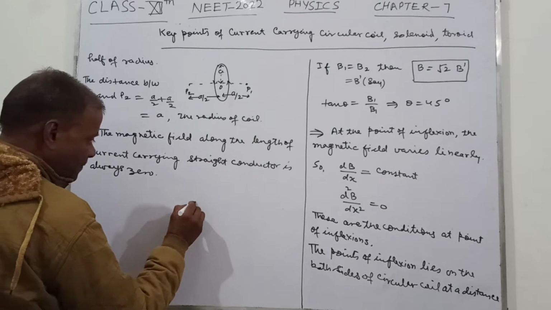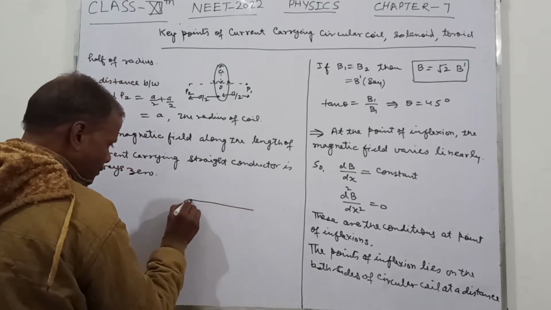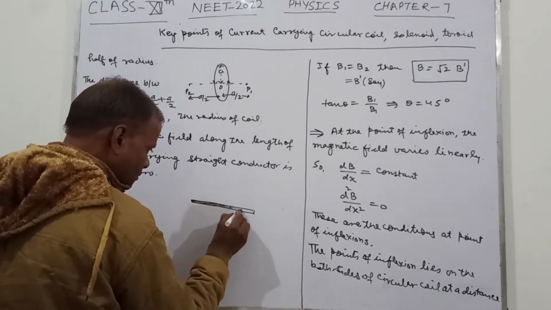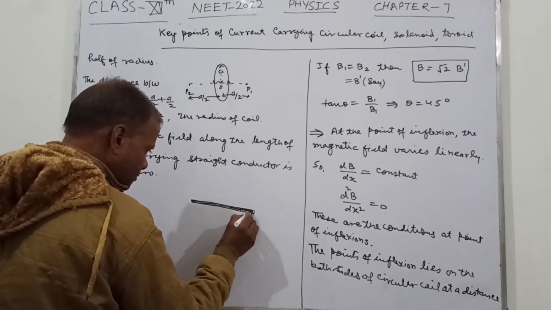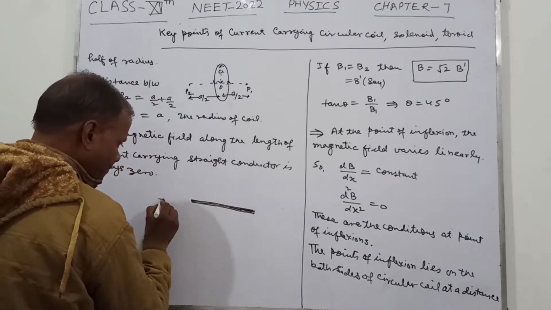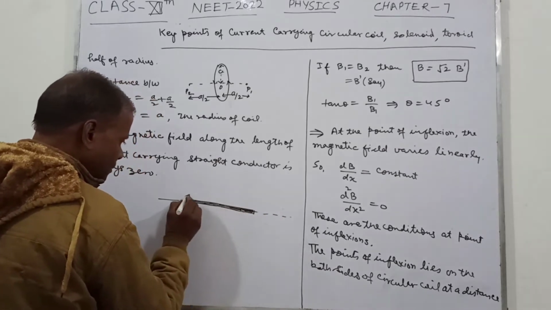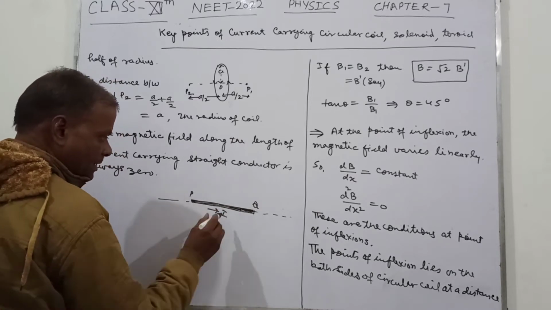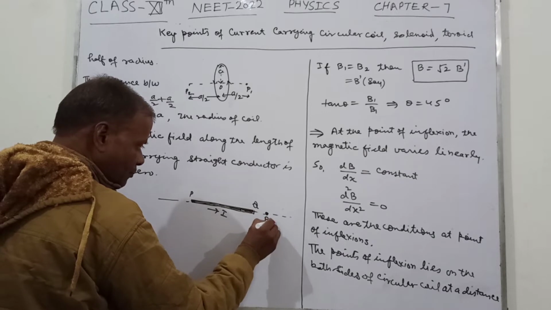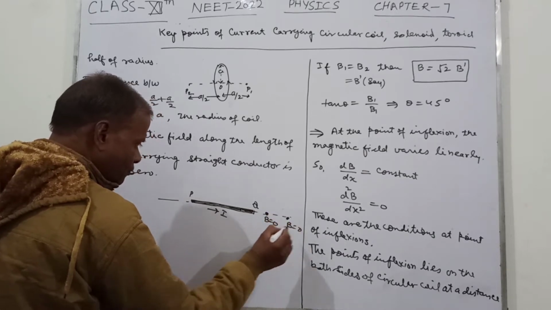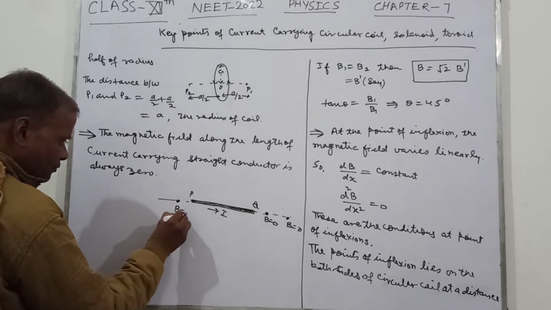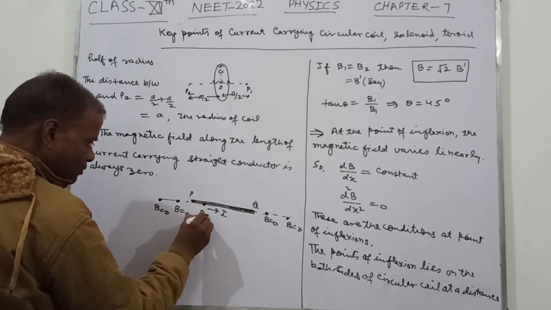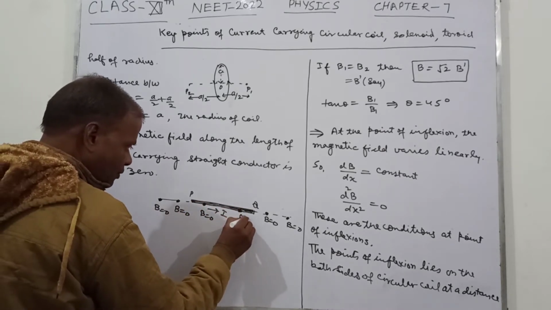What does this mean? Suppose this is the conductor PQ and it carries a current I. The magnetic field at this point is equal to 0. The magnetic field here is also equal to 0, here also 0, here also 0, similarly here also 0.